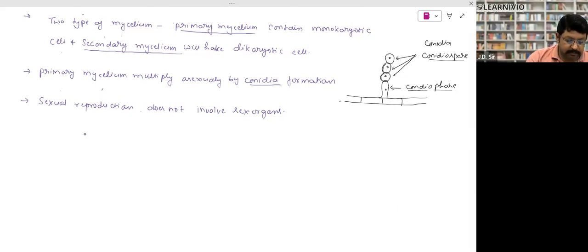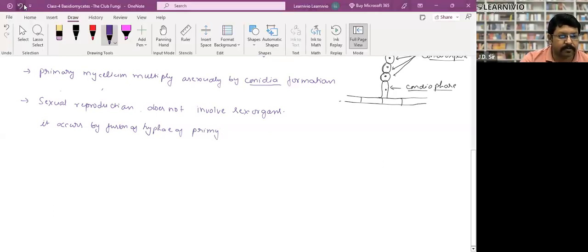It occurs by fusion of hypha of primary mycelium.